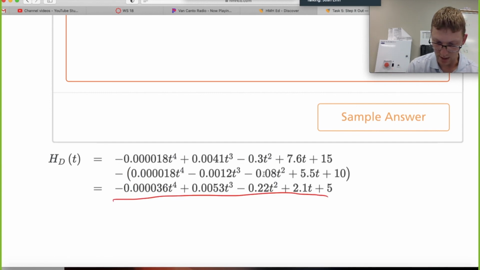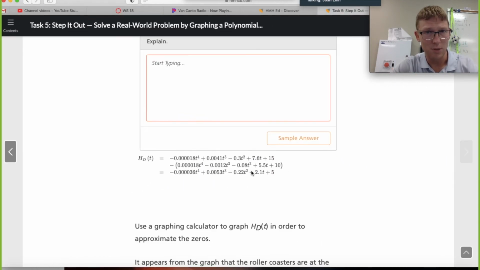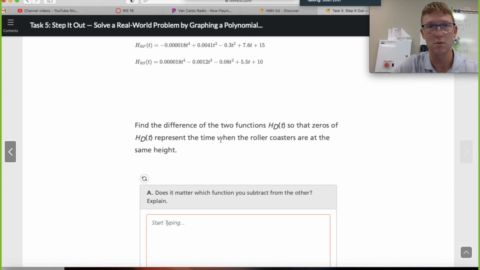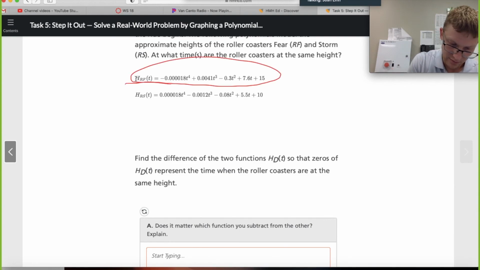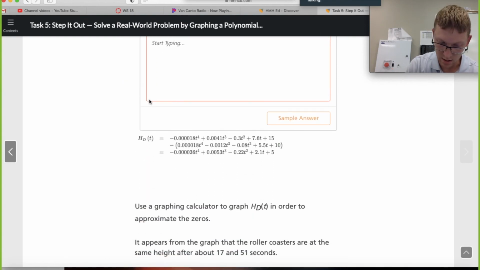This is what you get. So I'm hoping you're following me. I'm breezing through this because I don't want to waste your time with just doing math. But again, we took one of these, subtracted the other one, and we got that.